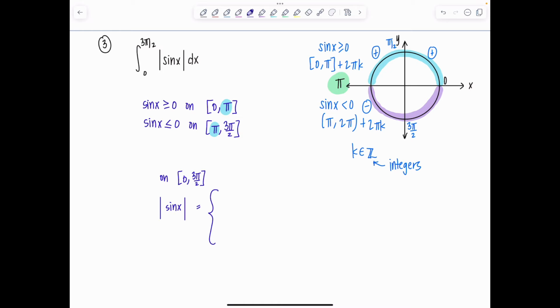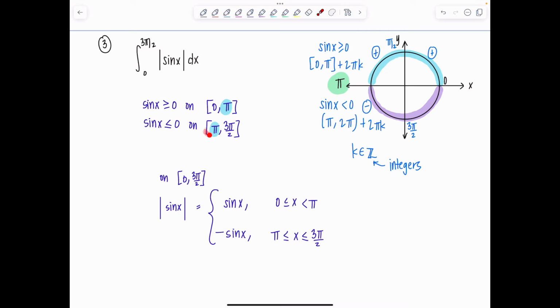Sine of x is already positive on 0 to pi. So that means taking the absolute value doesn't do anything. It's just equal to sine x if x is between 0 and pi. And then it's equal to the opposite of sine x if x is greater than or equal to pi and less than or equal to 3 pi over 2.